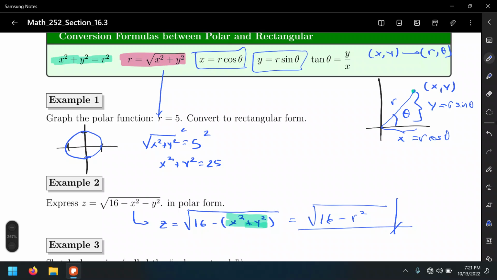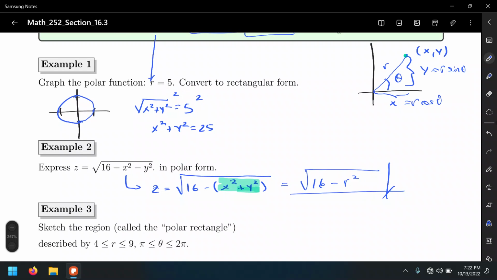Well, in this case, this one doesn't include any angles at all. A very typical region. So now let's talk about regions. You know how we integrated in the previous section, we integrated over rectangular regions, for the simplest cases. So we're going to talk about rectangular regions in polar coordinates.